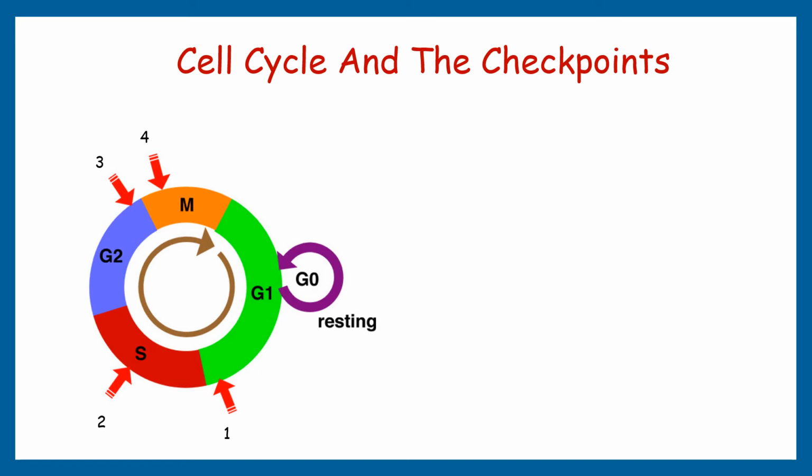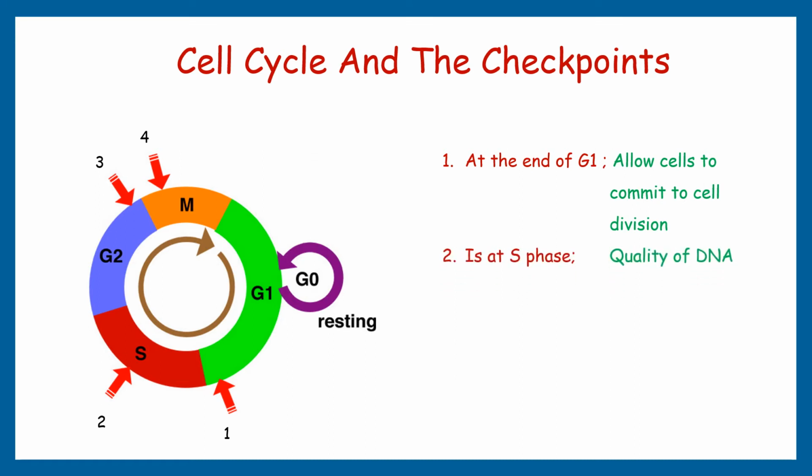Checkpoints are there to ensure that the cells meet the appropriate requirements in order to move on to the next stage of making daughter cells. One checkpoint is at the end of G1, which allows cells to commit to cell division. The second checkpoint is at S phase and is there to check the quality of DNA and to determine if any DNA repair mechanisms need to be activated.